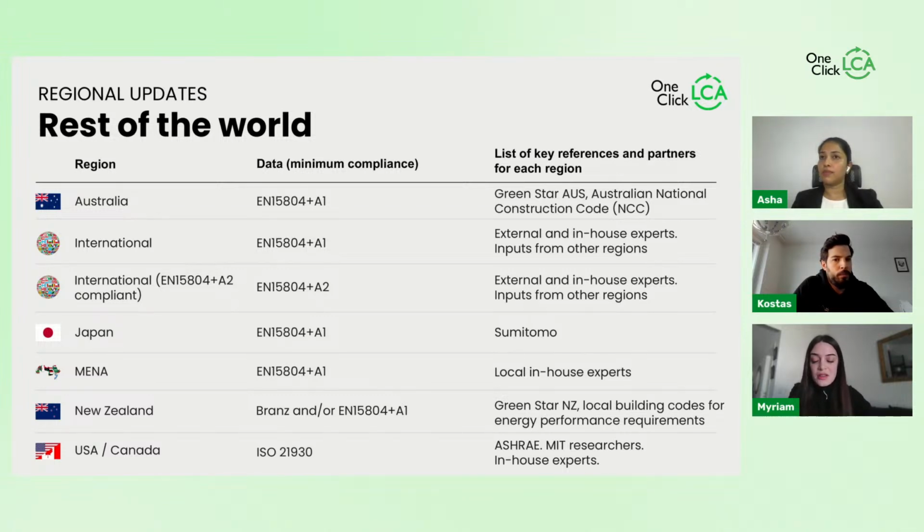As Kostas mentioned, we also have two international regions, compliant with EN 15804+A1 data and EN 15804+A2 data respectively. They can also be used in case a needed variation is missing.